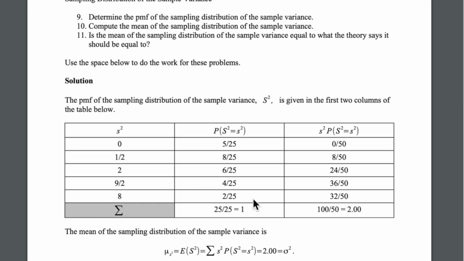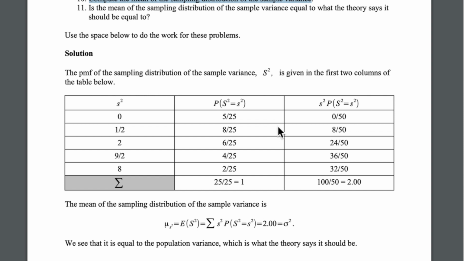Okay, then the next thing we need to do is to compute the mean of the sampling distribution of the sample variance. And so we again calculate a weighted average of the values taken on by S squared. The notation for the mean of the sampling distribution of S squared. Again, there are two ways we can denote this. The first, mu subscripted with S squared, so the mean of the sampling distribution of S squared. All right, let me make that a little bigger here.